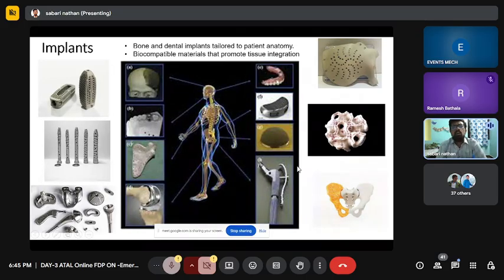Another one is the intervertebral fusion cage. So these are the main parts they are using. Most of the applications use bone fixation screws with the bone plate.